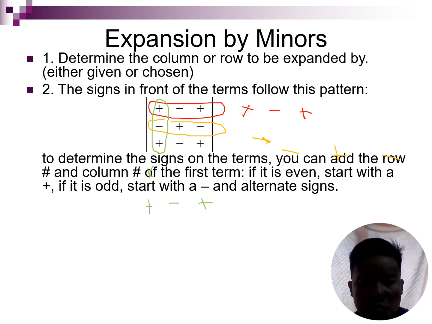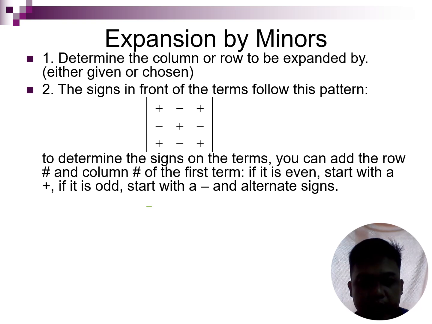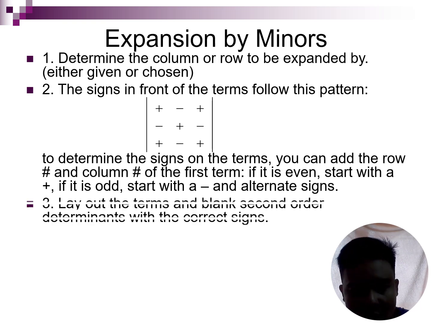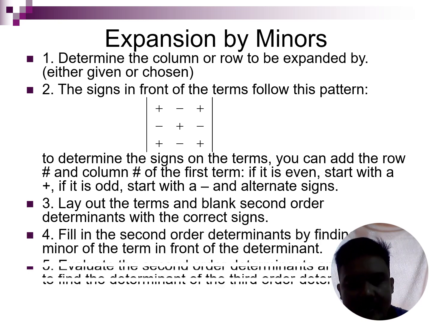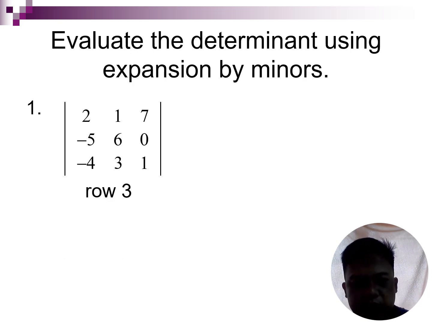So once we know what the signs would be, then it is very easy to follow what our next step would be. So lay out the terms with the second-order determinants and the correct signs, and that would be it. So let's say, for example, let us evaluate the determinant using expansion by minors using row 3.